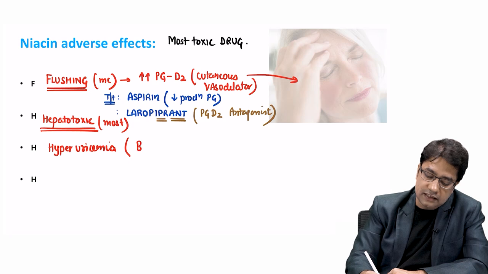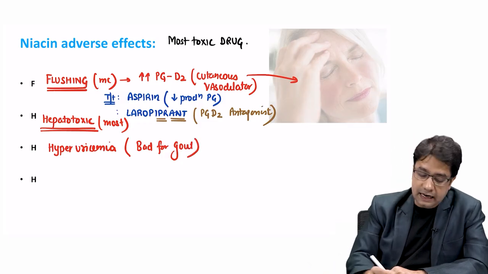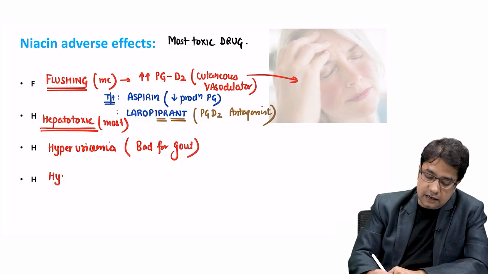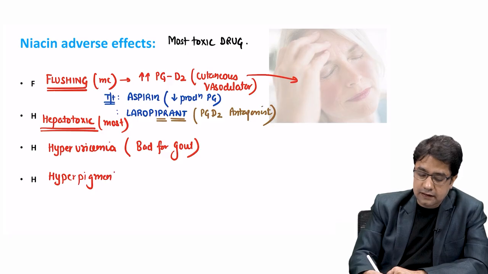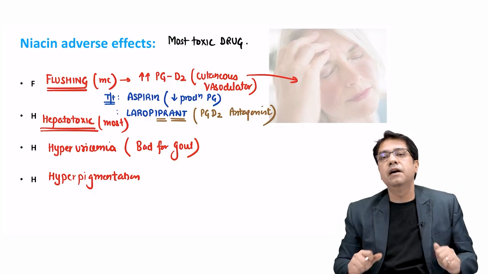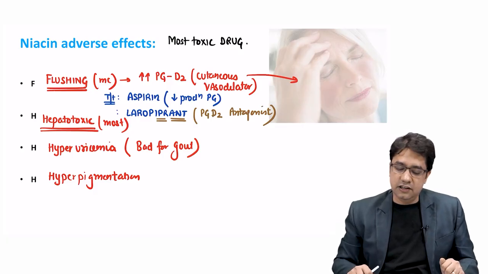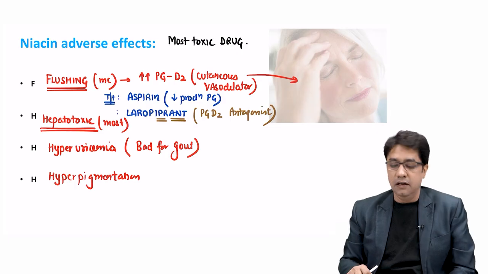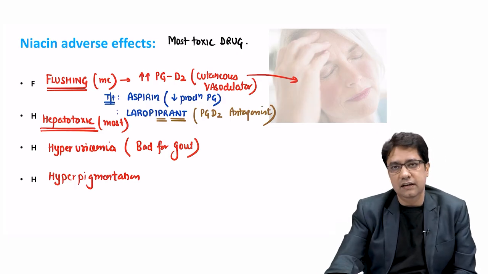Increase in uric acid level can lead to gout. That is why niacin is bad for gout. And niacin causes hyperpigmentation. The reason is very simple. With the help of niacin, melanin pigment is produced, which leads to hyperpigmentation. So these are the adverse effects of niacin.